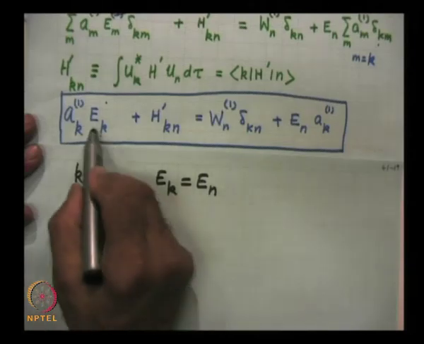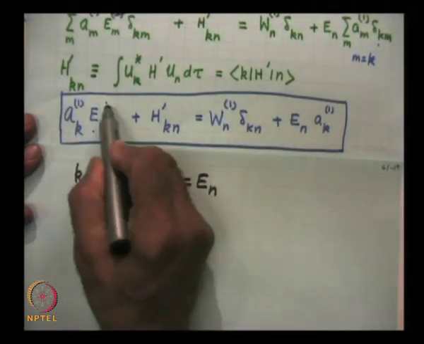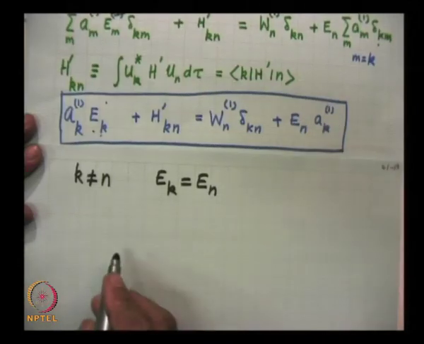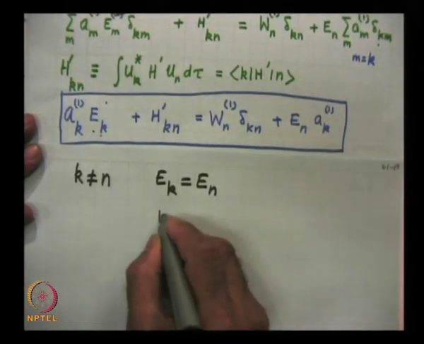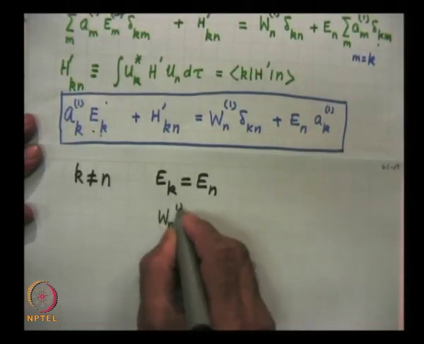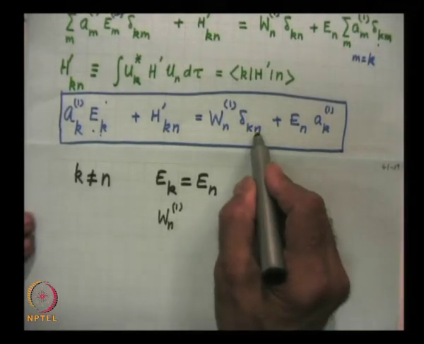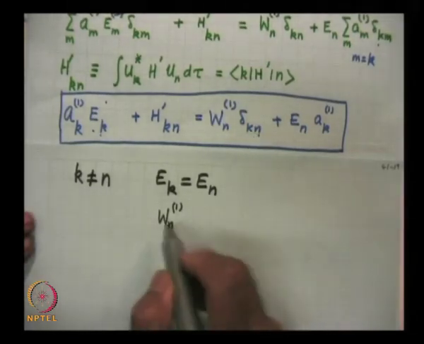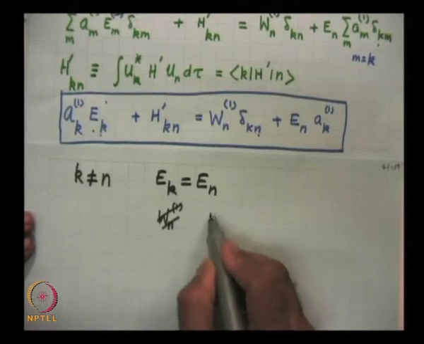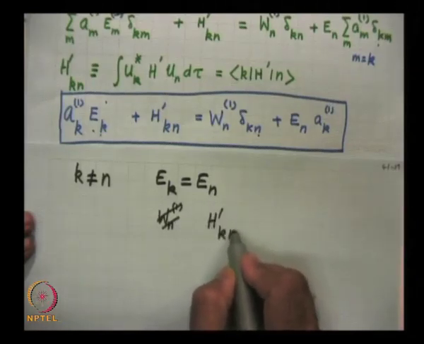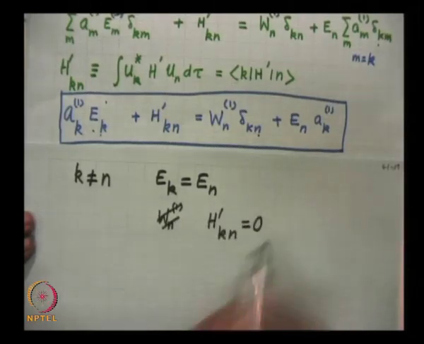So, E k is equal to E n. So, this term gets cancelled with this term, and then it will become W n 1. So, therefore, k is not equal to n. So, this term is 0. So, my h prime k n must necessarily be 0.